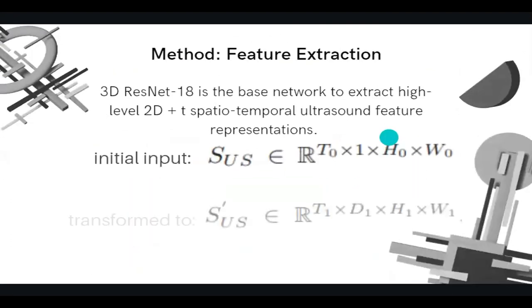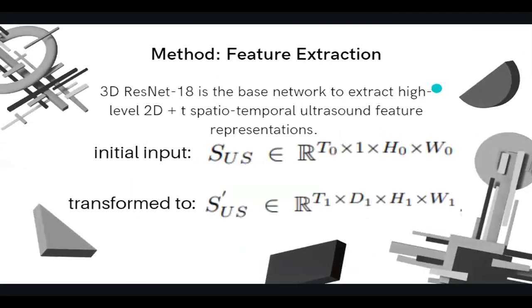So, feature extraction. ResNet 18 is the convolutional neural network that is 18 layers deep, and this is the base network to extract high-level 2D plus T spatio-temporal ultrasound feature representations. This is the initial input, where H is the height, W is width, and T is the frame number.